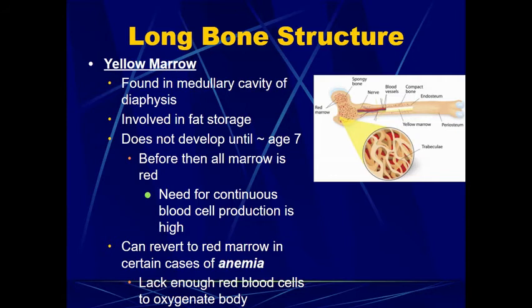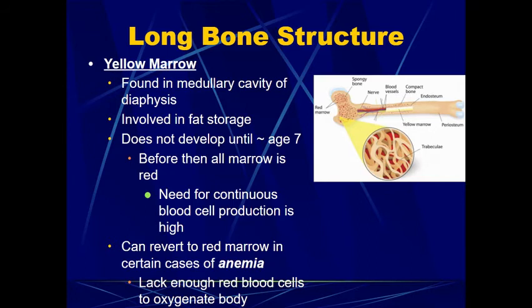Prior to that, all the marrow is red. Since there's so much growth in those early years, there is a continuous need for blood cell production. That's why we have more red marrow when we're young, and then it's able to convert over to yellow marrow as we get older.